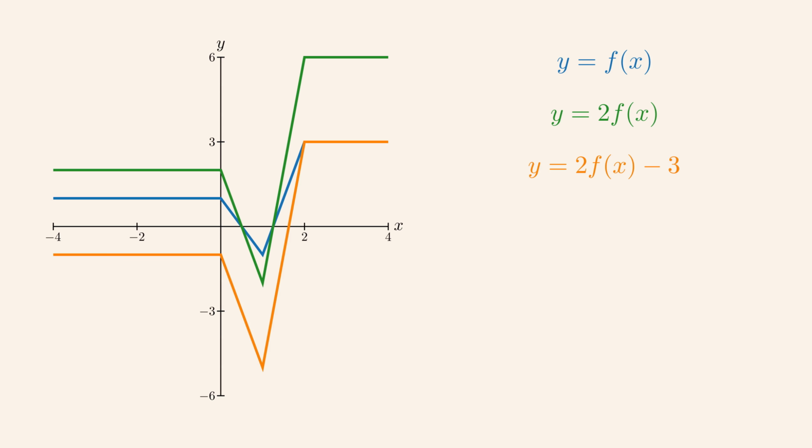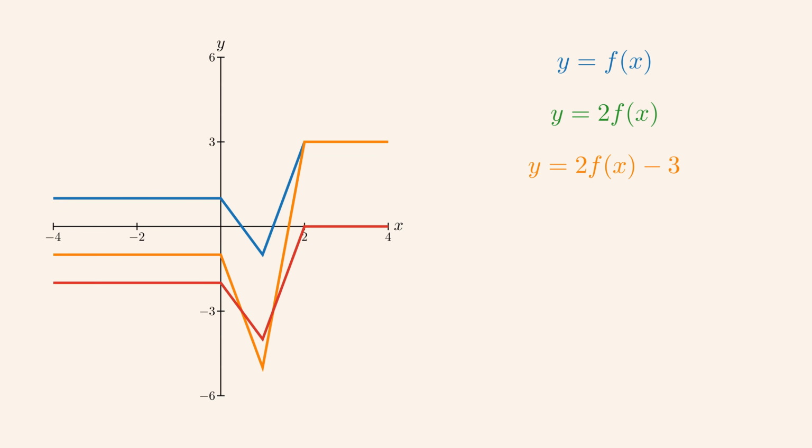Now consider an important question. If we perform the translation first and the stretch second, would we obtain the same result? Let's find out. We begin by translating the blue function downward by 3 units to produce the red graph. Next, we stretch the red curve vertically by a factor of 2, giving us the purple graph.